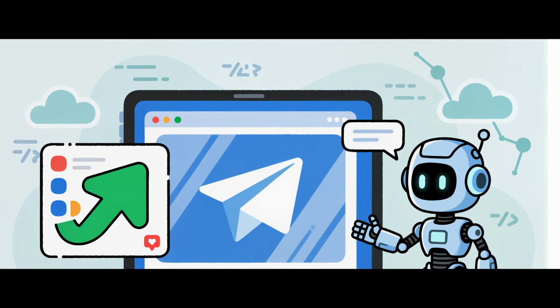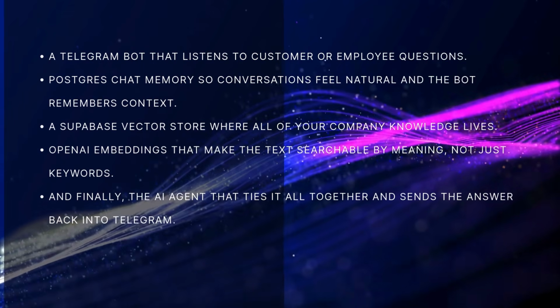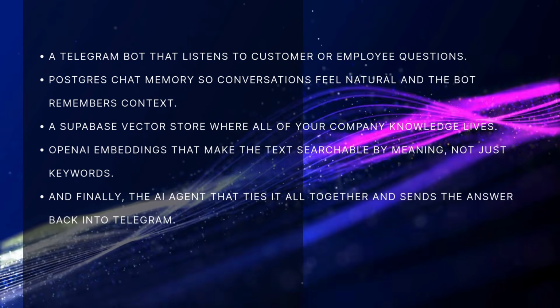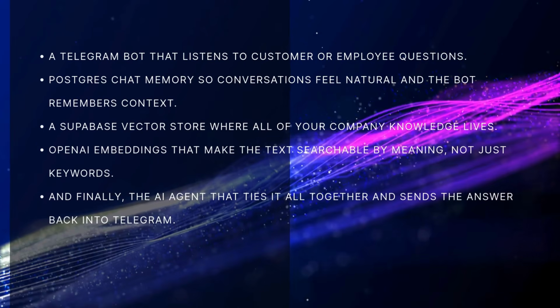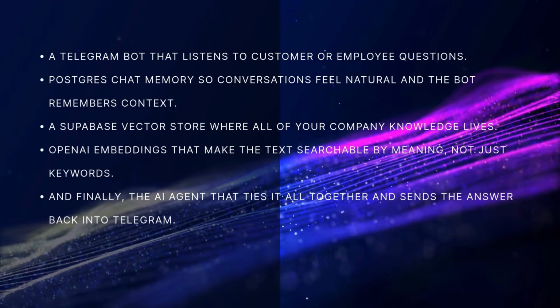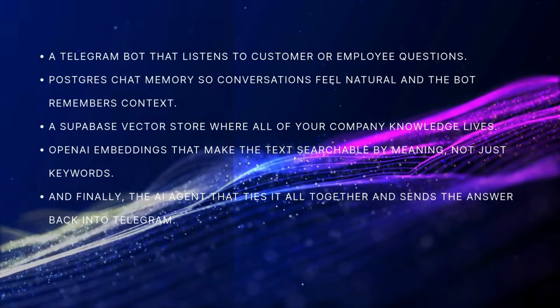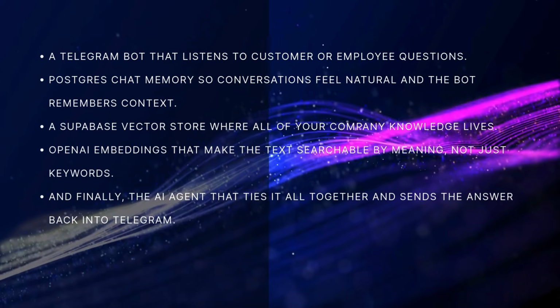And that's it. We have now built a complete retrieval augmented chatbot in n8n. So let's quickly recap what we have put together. A Telegram bot that listens to customer or employees' questions. Postgres chat memory, so conversations feel more natural and the bot remembers context. Supabase vector store, where all of your company's knowledge lives.